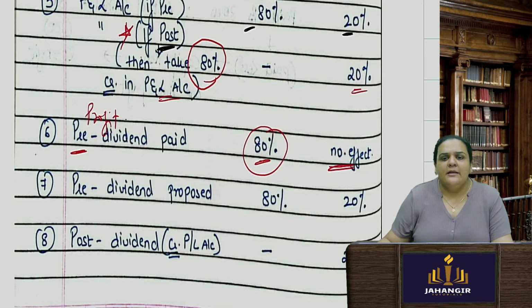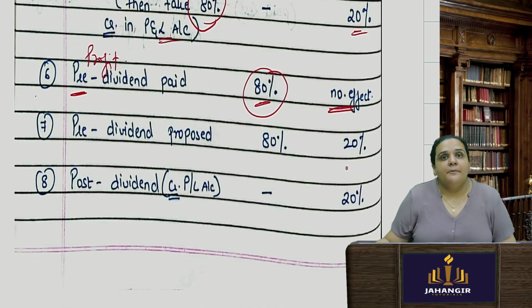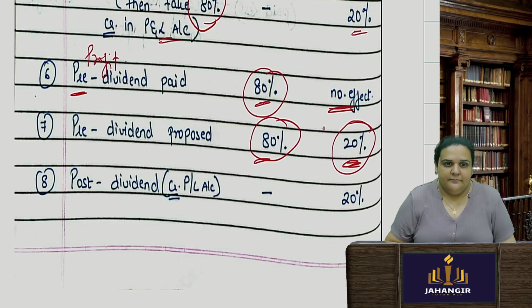But minority interest will have no effect. They have already got the dividend before. But if it is a pre-dividend proposed, then 80% and 20% we will divide. It is proposed, not yet paid. This you will take in the cost of control calculation and this share minority interest will get.